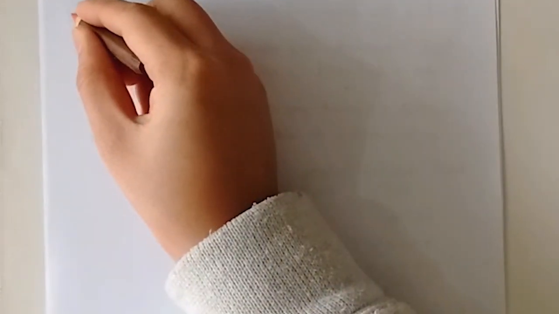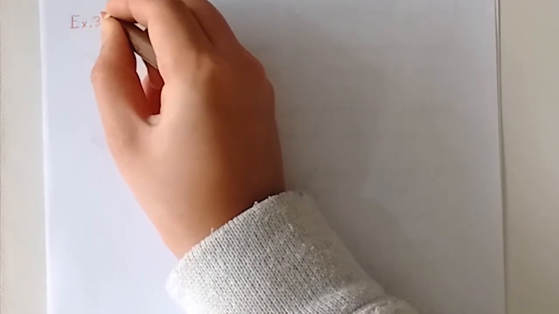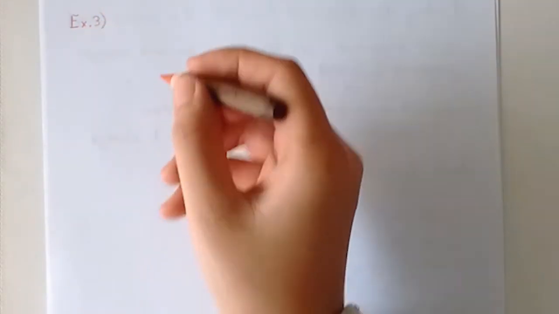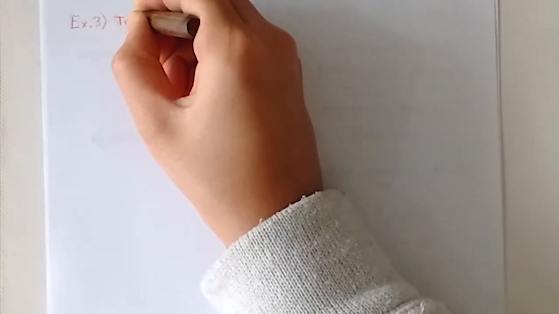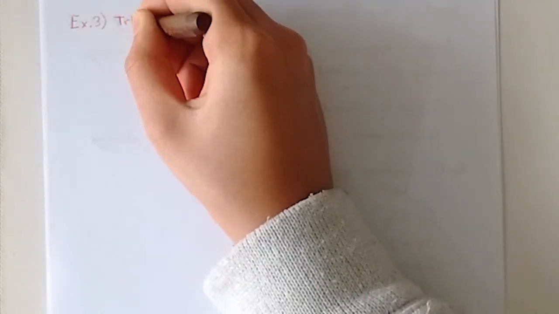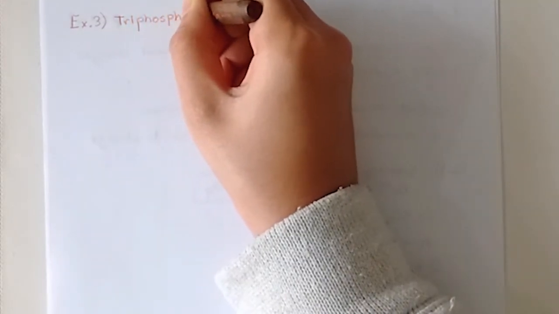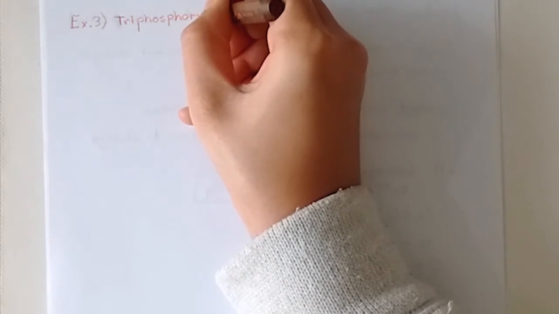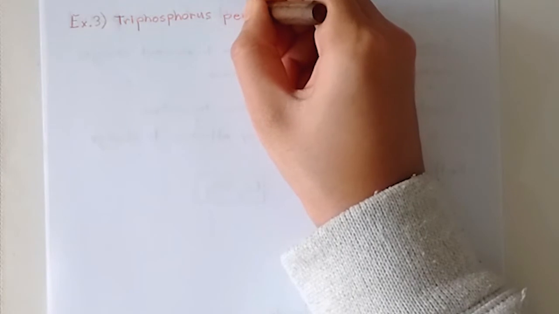Now for an example of a covalent compound, find the chemical formula for triphosphorus pentanitride.